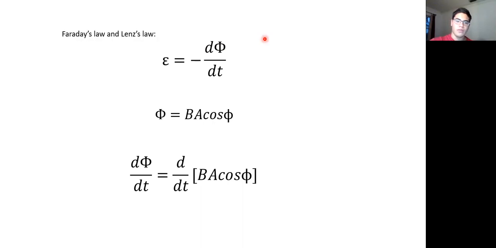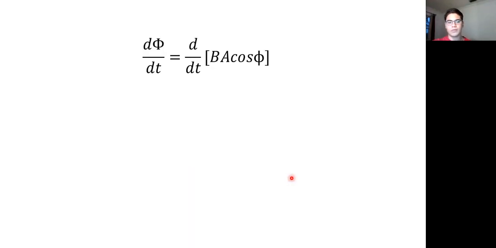Relating these two, we'll notice that the first line, Faraday's law and Lenz's law, says that the EMF is equal to the derivative of the magnetic flux. So the derivative of the magnetic flux is just the derivative of the magnetic field times A times the cosine of the angle between them, or the derivative of the dot product.